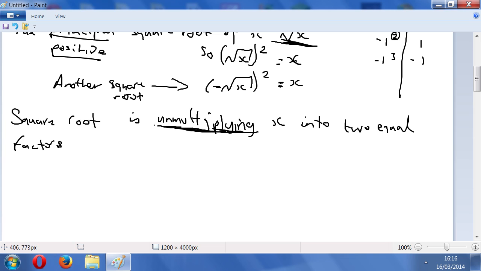But it's interesting, isn't it, this term? You think, well, unmultiplying, is that division? No, that is not division. It's something else. It's unmultiplying. It's like the multiplication world.